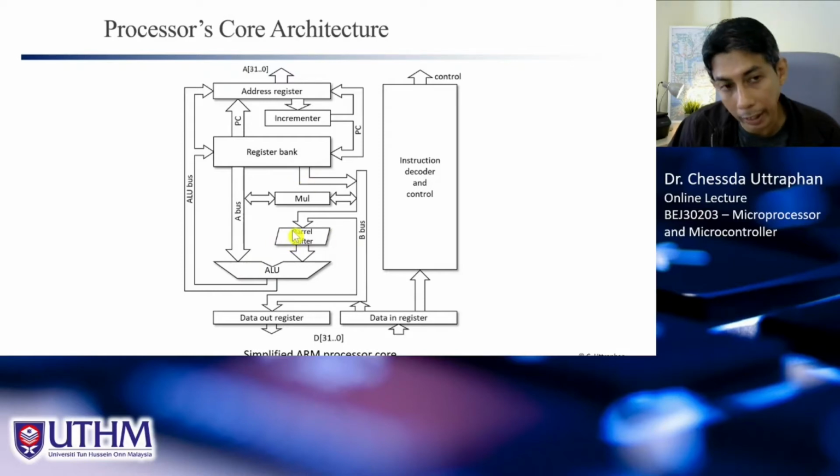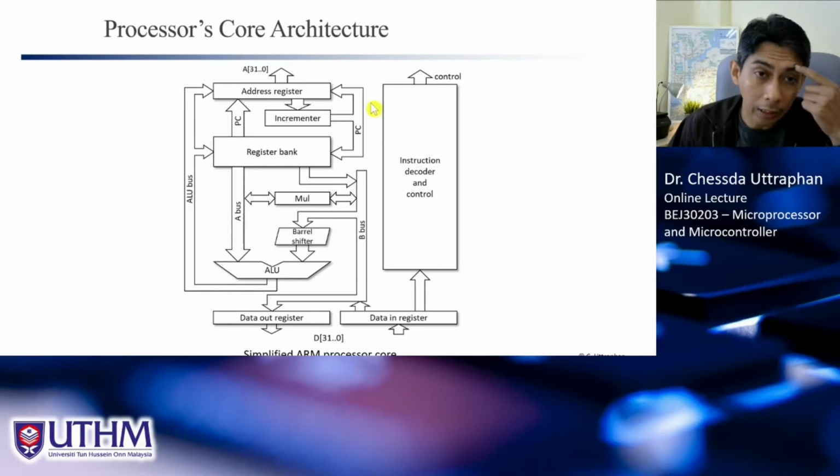For example, we want to add numbers from R0 and R1, so we can put the value from R0 on the A bus and the value from R1 on the B bus, and we can add and put the result back in R0 or R1 or R2 or any register that we want, right? So that is how it works.